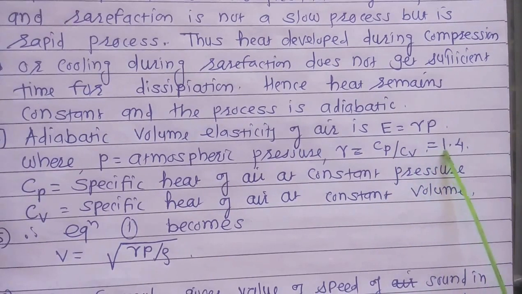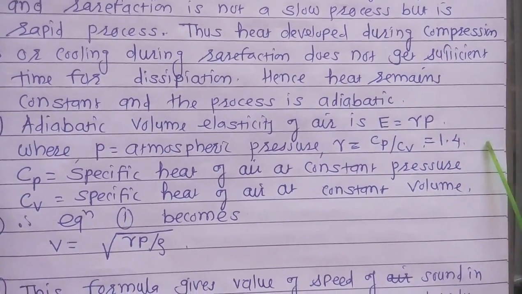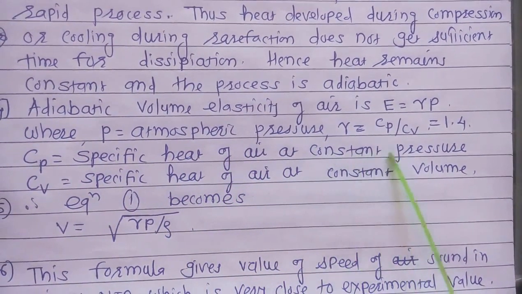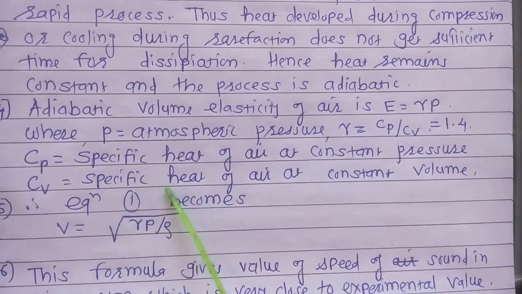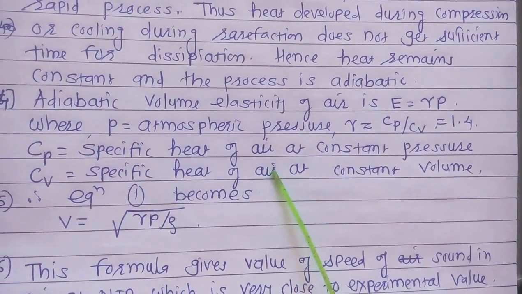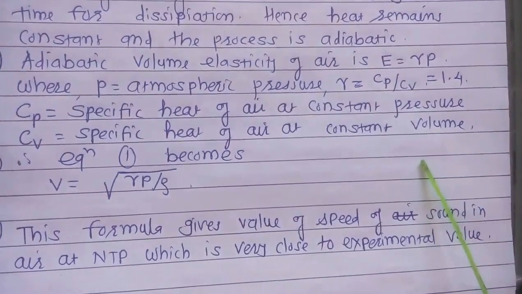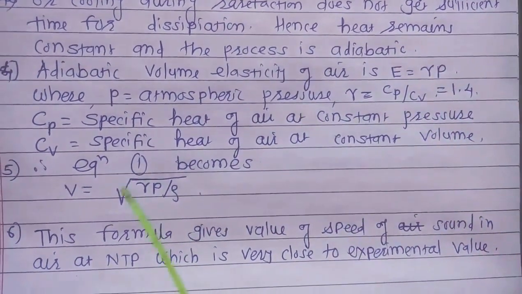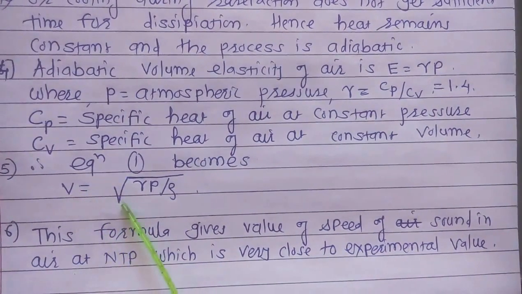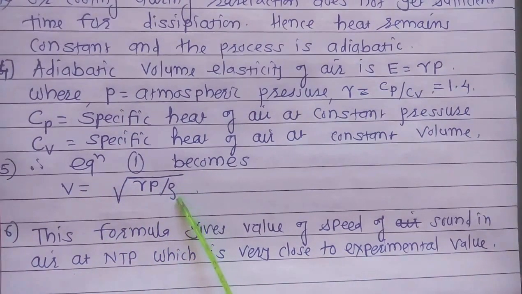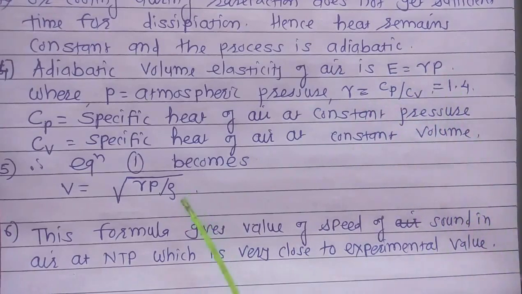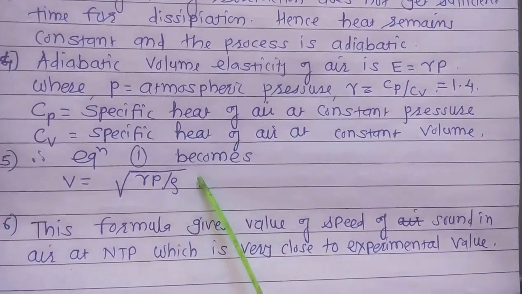And for air its value is 1.41. इथे दिले, where Cp is the specific heat of air at constant pressure and Cv is the specific heat of air at constant volume. And therefore, the Newton's formula becomes speed of sound in air V equal to square root of gamma P upon rho. Original formula का होता E upon rho. Now substitute E equal to gamma P. So this is the formula.